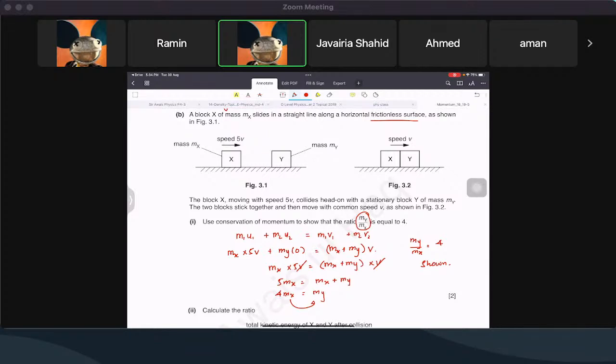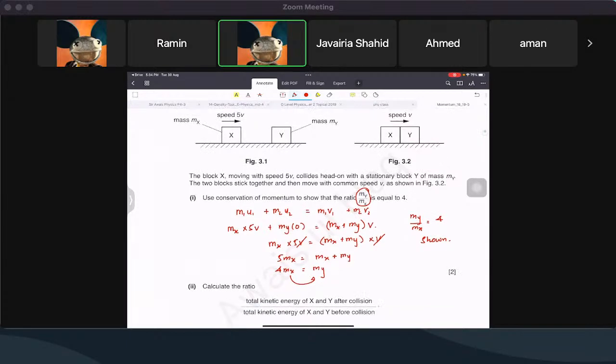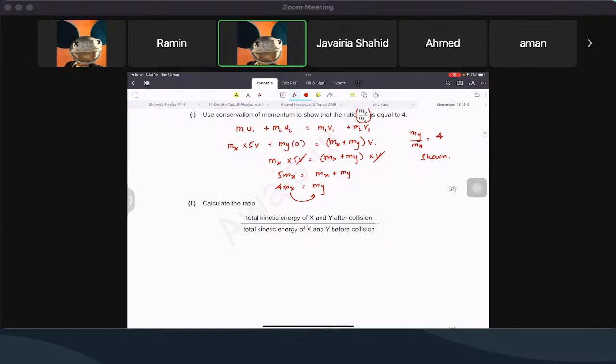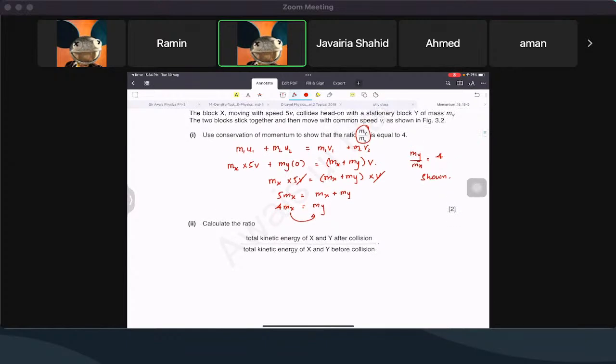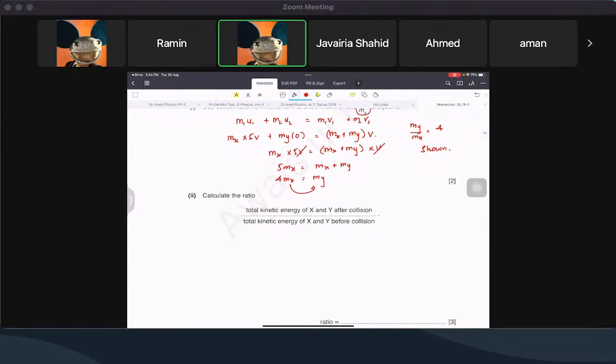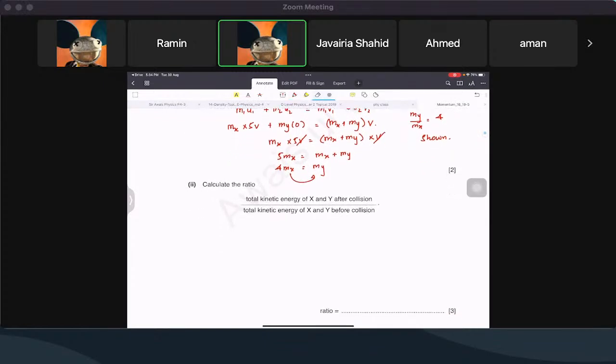Now, then it says calculate the ratio of total kinetic energy of x and y after collision and total kinetic energy of x and y before collision. Now let's check this out. So total kinetic energy after the collision was half times both masses added because they were combined times v square.